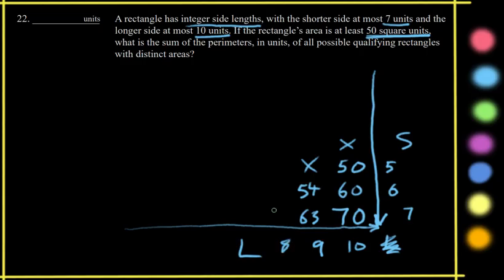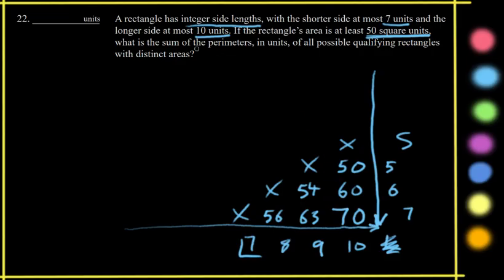So 8 times 7 is 56, and that's all I need because 6 times 8 is 48, which is too small. And then 7 times 7 is 49, that's too small as well. So these are all the different rectangles, the areas at least, that satisfy my criteria.